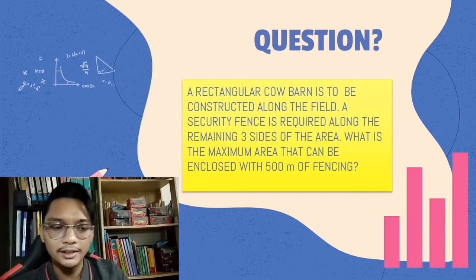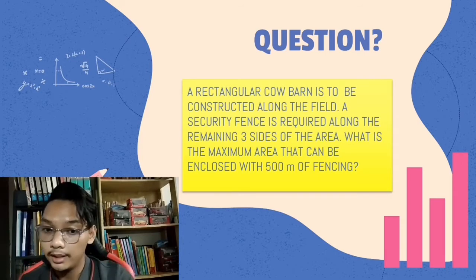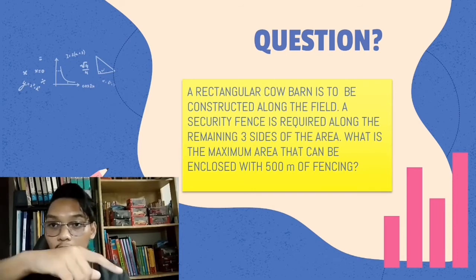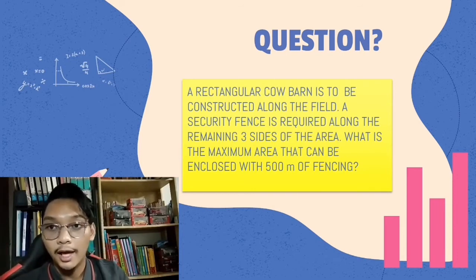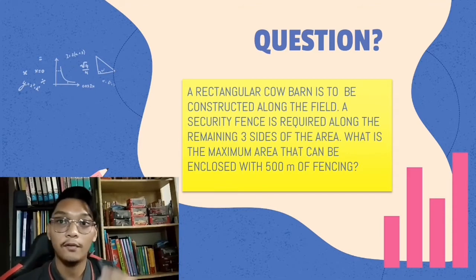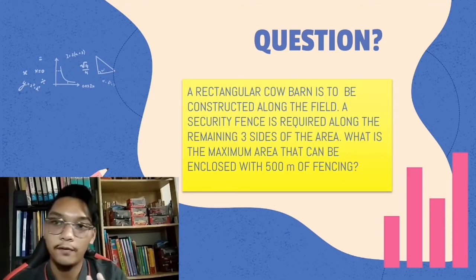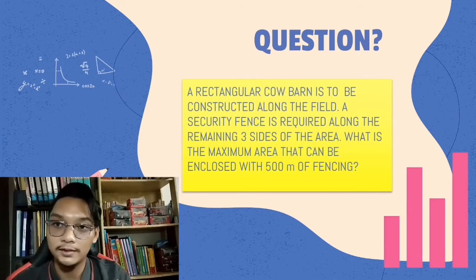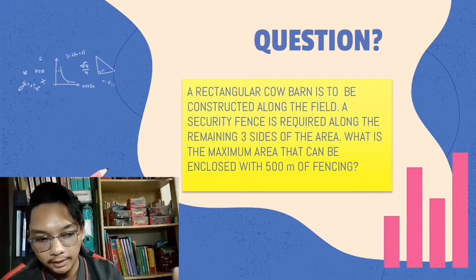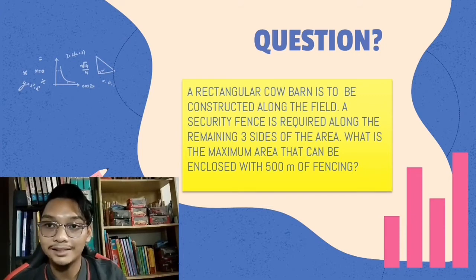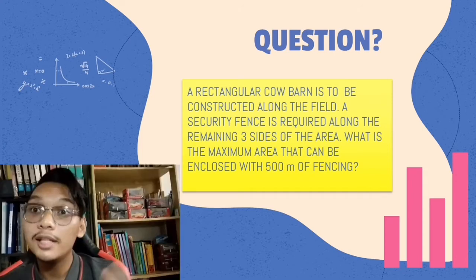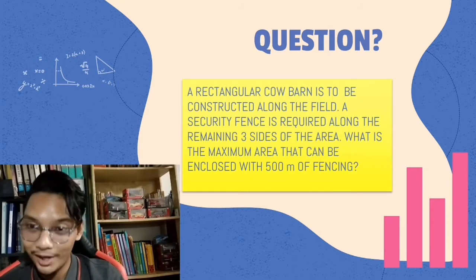Basically, a rectangular carbon has four sides, and one side has already been fenced. So the job is to make a fence for the remaining three sides. But what is the maximum area that can be enclosed with 500 meters of fencing? The answer will be explained by my friend.